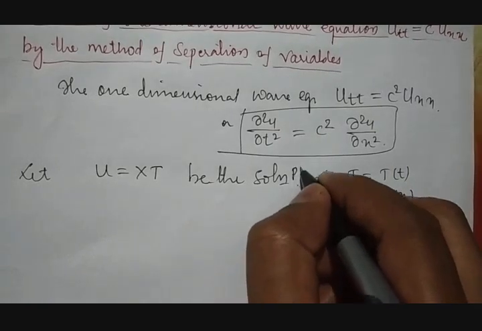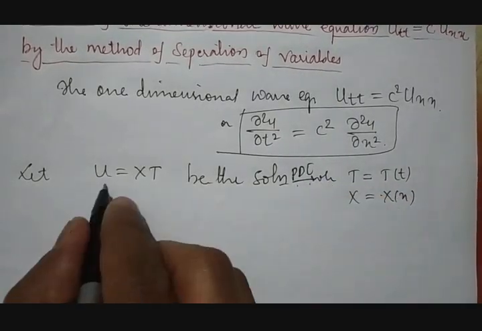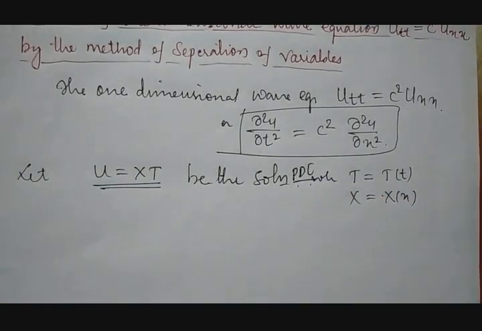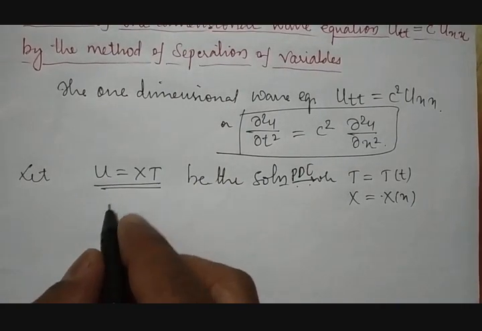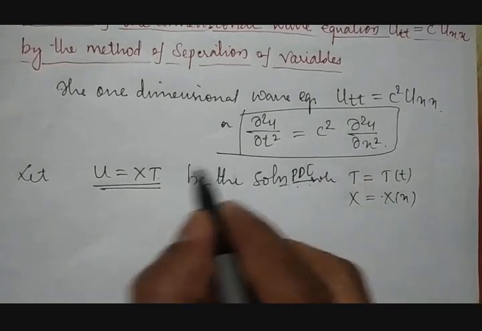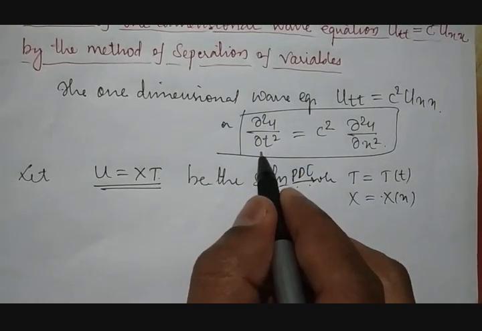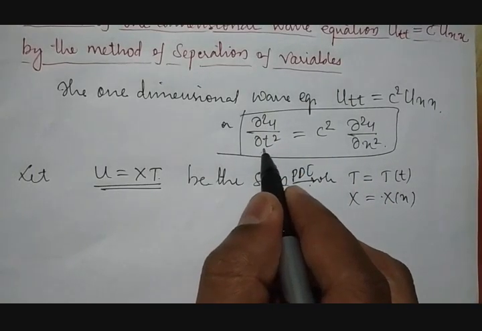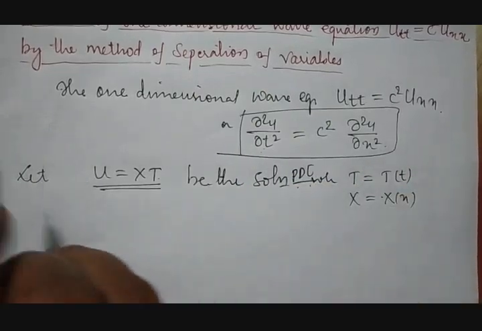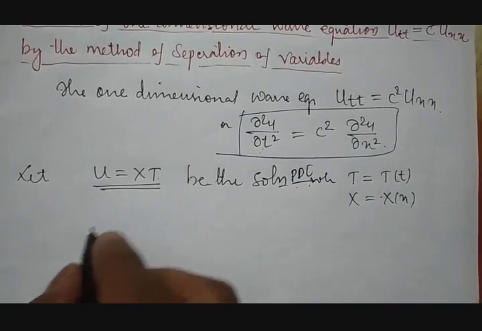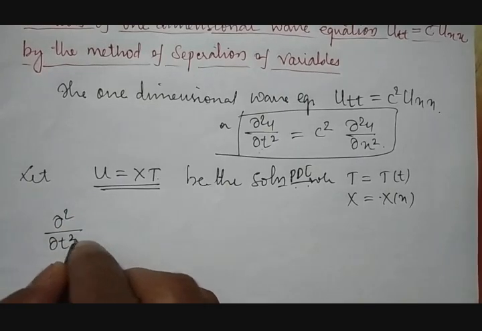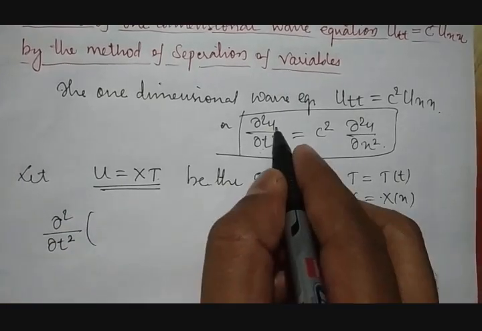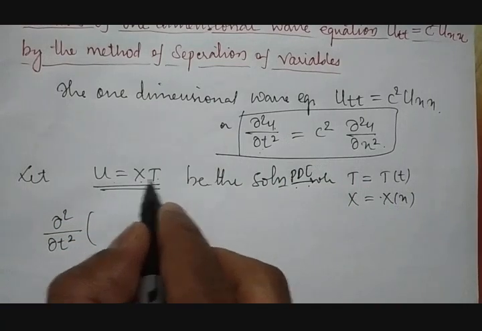So this is the solution of the partial differential equation, u = X(x)·T(t). Comparing, u is of second order and X is also of second order. Therefore, we write ∂²/∂t² of u. But what is u? u is nothing but X·T.